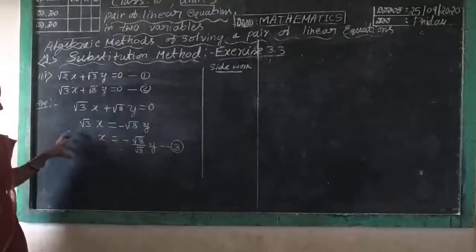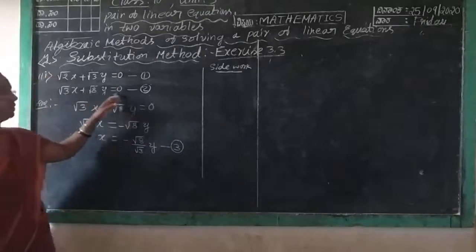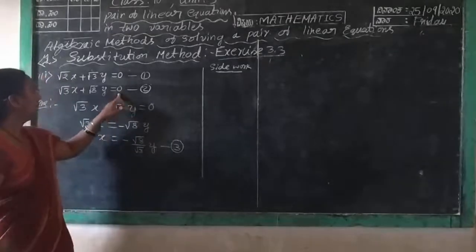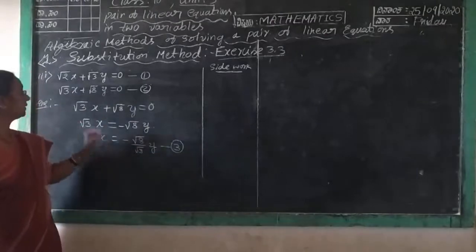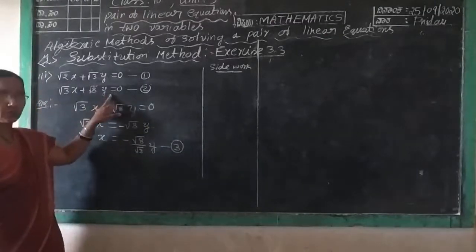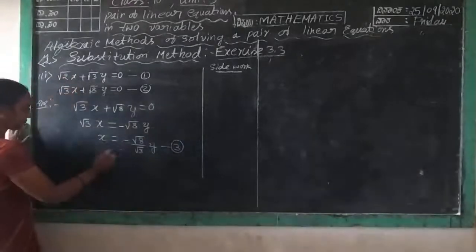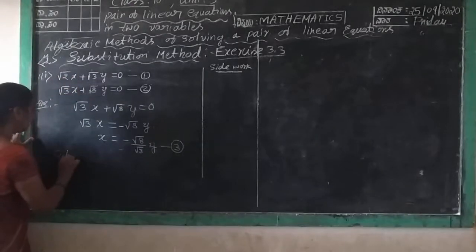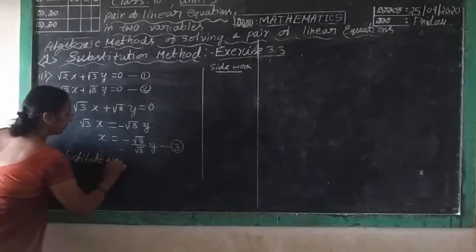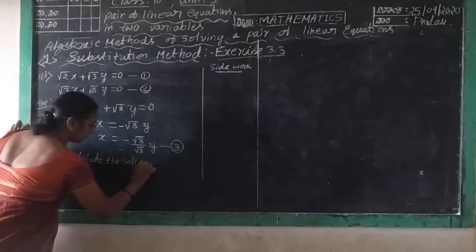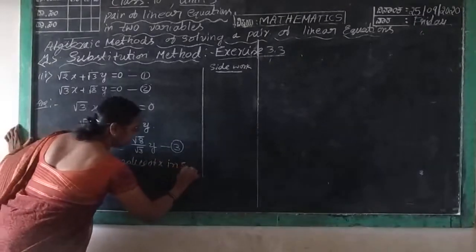Then we will put equation 3 into equation 1, because we found the value from equation 2, but we will not put the x value back into equation 2. We will put the value into equation 1 only. Then substitute the value of x in equation 1.